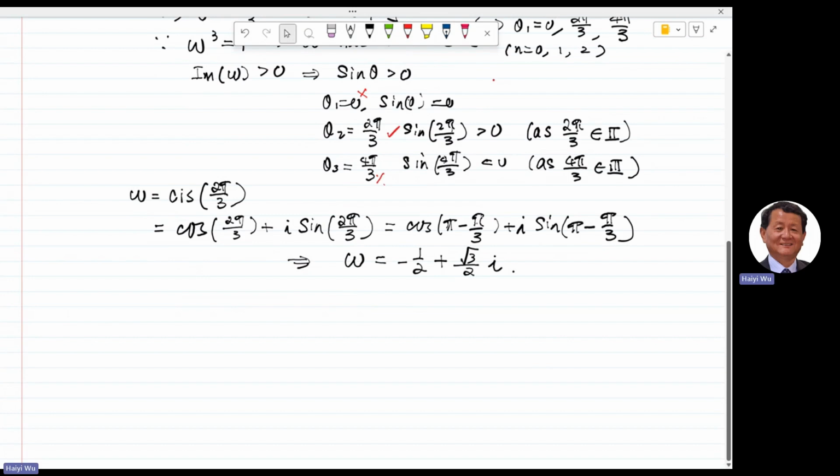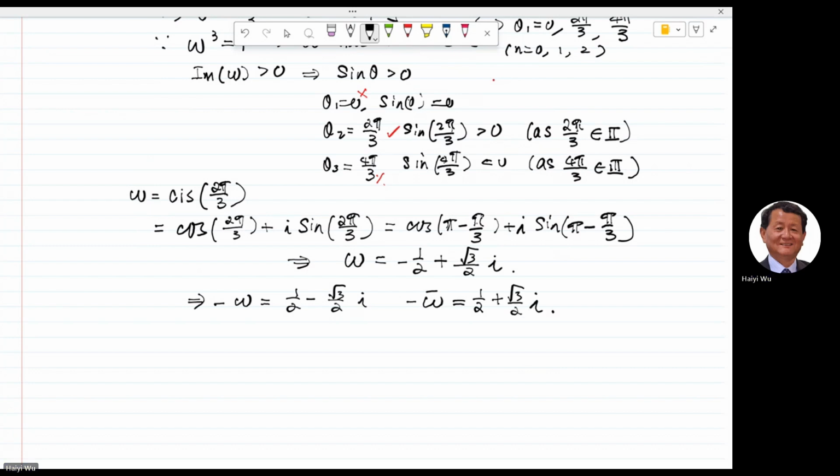All right, we got 3 roots. So now we need the second. Negative omega will be positive half minus square root 3 divided by 2 i. And the negative conjugate will be negative half plus square root 3 divided by 2 i.